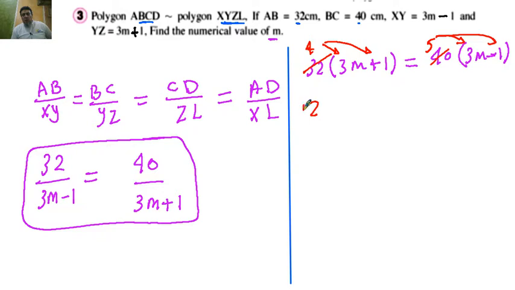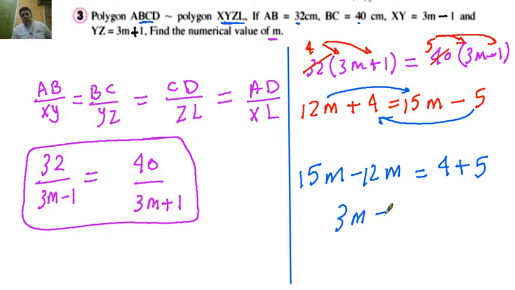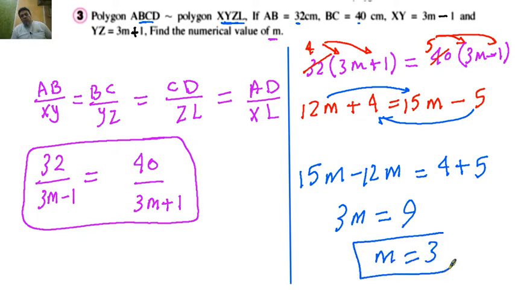Then 12M plus 4 equals 15M minus 5. Solving this equation with additive inverses, 15M minus 12M equals 4 plus 5, then 3M equals 9, so M equals 3. That is the value of M.